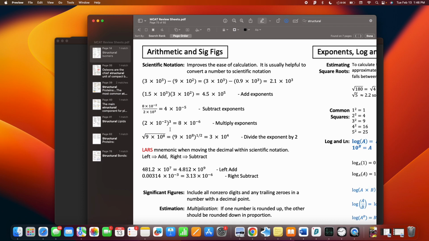Then we have radicals, so divide the exponent by 2: the square root of 9 gives you 3, and 10 to the 8 gives you 10 to the 4. Here is a mnemonic when moving the decimal within scientific notation: left add, right subtract.